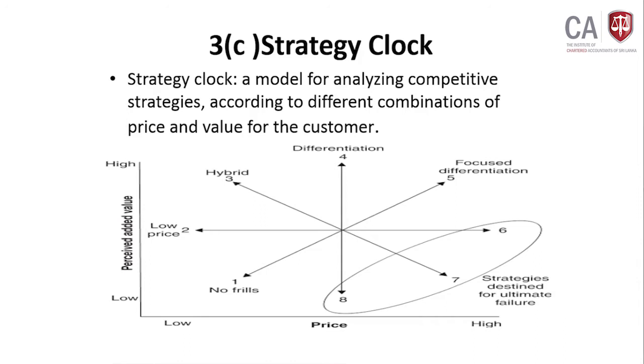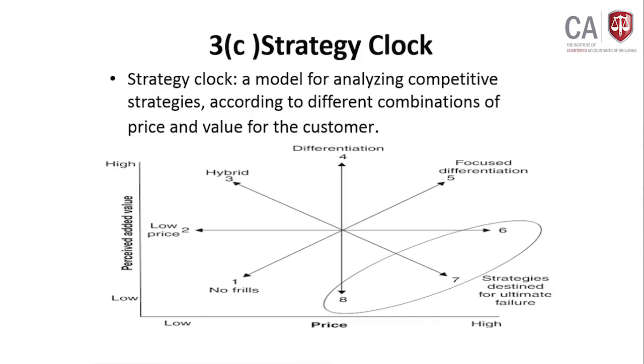Then the focus differentiation strategy. Here we are offering a high perceived added value product at a higher price. High perceived added value is offered at a higher price. So, this is more appropriate in a selected marketplace.